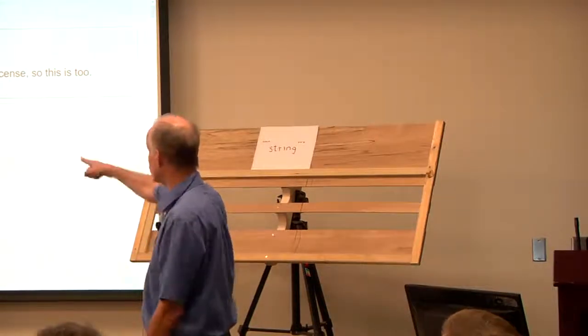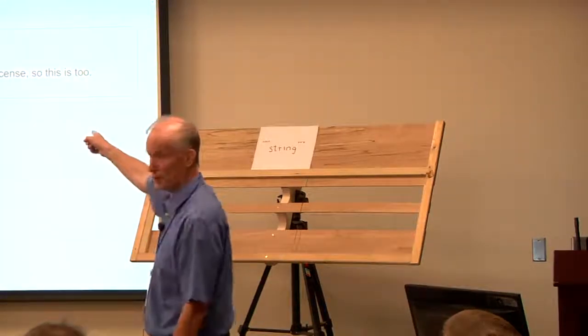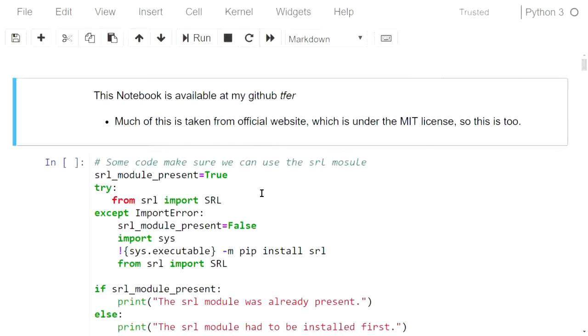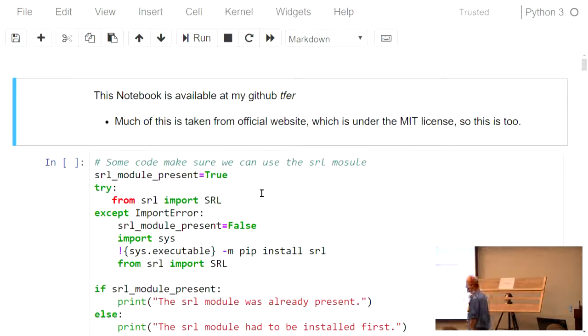Just a note, I have my notebook up at my GitHub site. Got a 4-letter GitHub. You can tell I was early in on that. Tfer. And if anybody's set to run the notebook and wants to, they can download this now, and we can run it and we can go along.